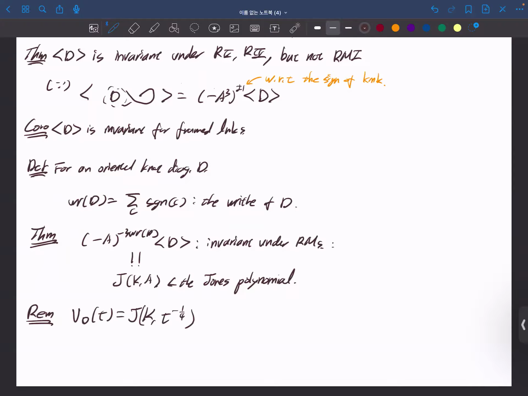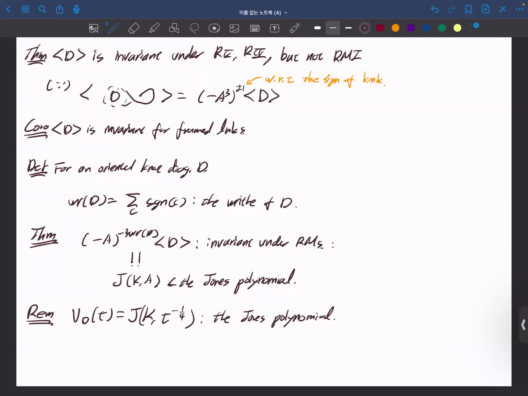You just replace a by t to the minus 1 over 4, and this one is again the Jones polynomial. So by abuse of notation, sometimes people call this one also the Jones polynomial, but originally the Jones polynomial is obtained from J_K(A) by replacing variables by t to the minus 1 over 4.